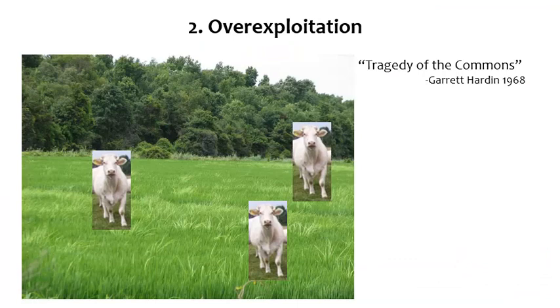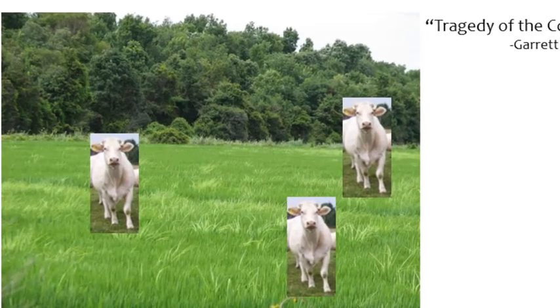The concept of overexploitation was known for a long time, but a famous paper written in the 1960s brought this idea to the masses. It was called The Tragedy of the Commons. The idea was that there would be a field in a small community called the Commons, where community members could bring their livestock to graze.